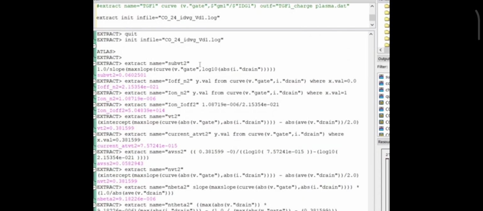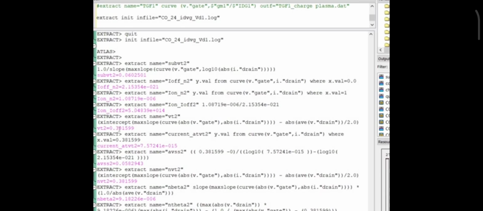Next, when my program is run at 1 volt, we are getting different values. Subthreshold slope is approximately the same as when the program is run at 50 millivolt, again 60 millivolt per decade. Now there is a difference between the I-off current and the I-on current and their ratio also.